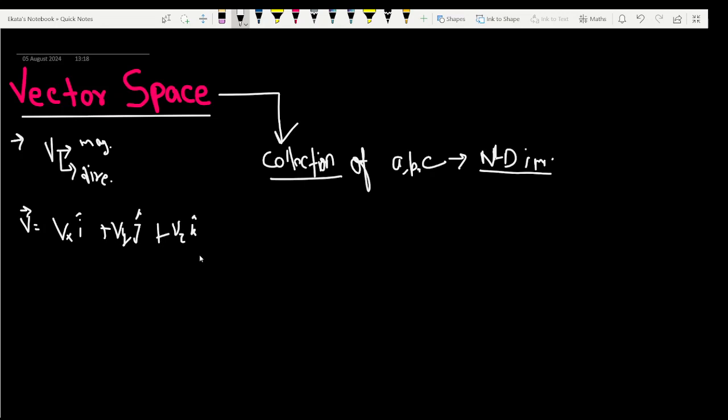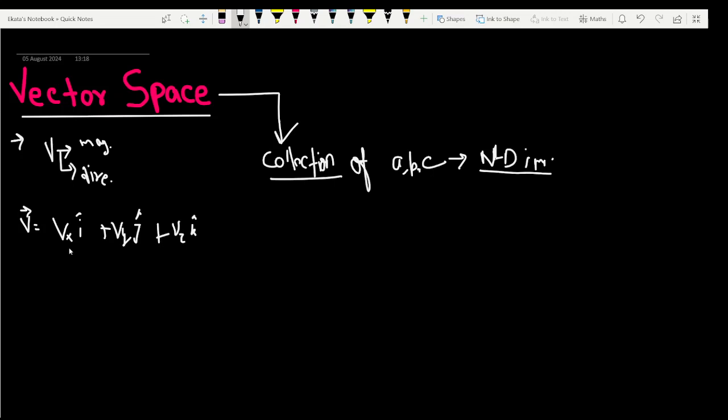So a vector space is a space that we imagine where there is a collection of different types of vectors, in which the dimension is not restricted to 3. In class 11th and 12th, the highest dimension you study in vectors is 3 dimensions.